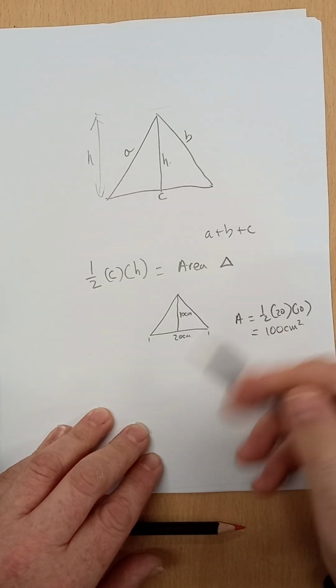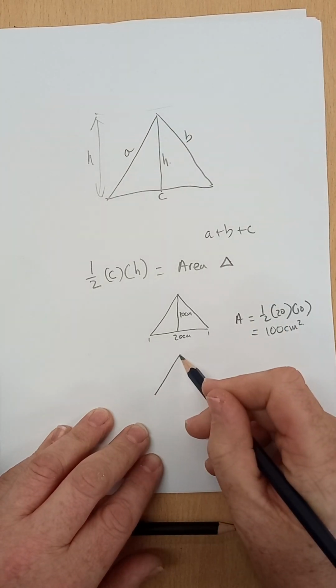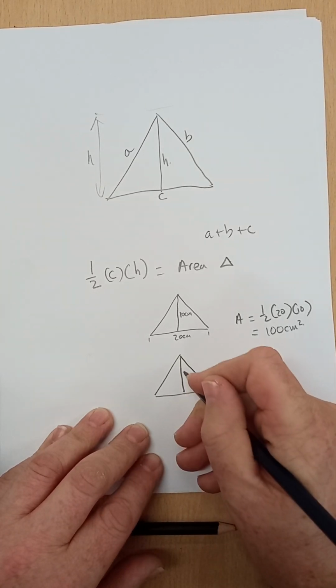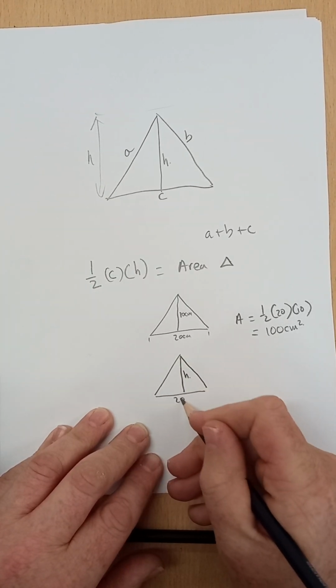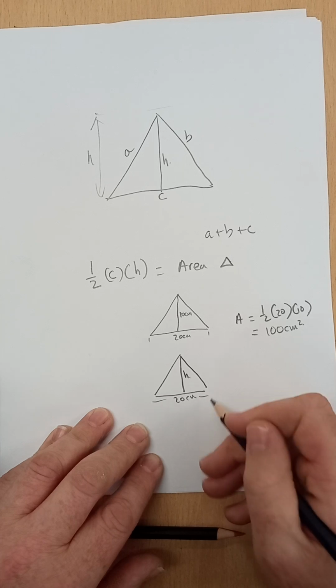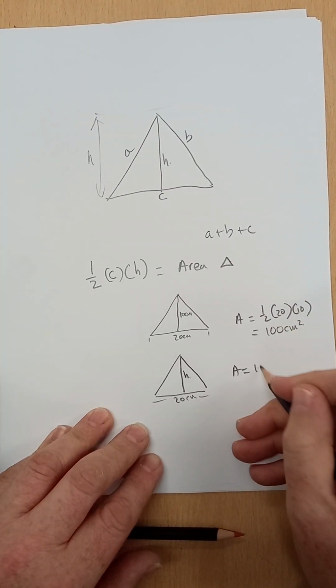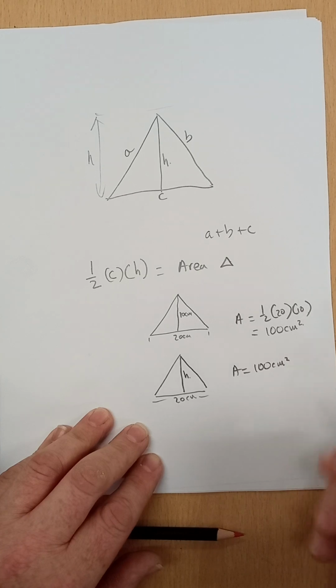Now imagine they do the same story, but the height is missing, but you still know it's 20 wide, and they've given you the answer. So in other words, you know that the area is equal to 100 centimeters squared. Well, then how do you go about getting the answer?